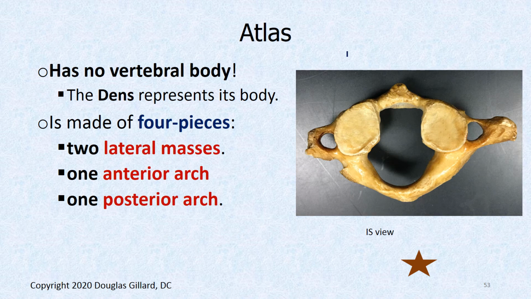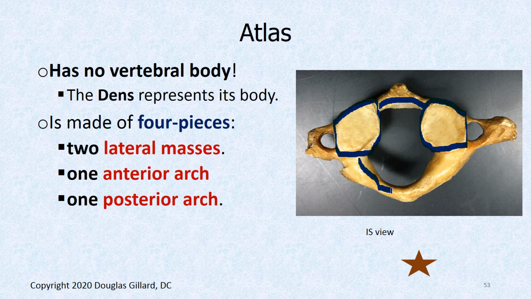But in general, just the general design of the atlas, we have four pieces. We have an anterior arch. We have, really it's an articular pillar, but they call it something different. They call it the lateral mass instead of the articular pillar. Lateral mass is really more of an X-ray term. I still would call this the articular pillar. Specifically, that's the facet of the superior articular process, but the whole piece would be the articular pillar.